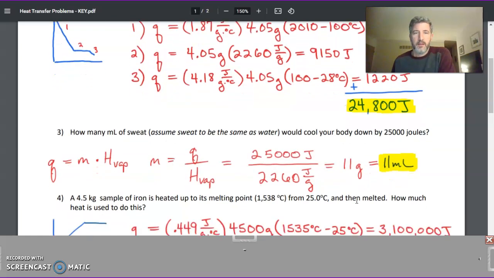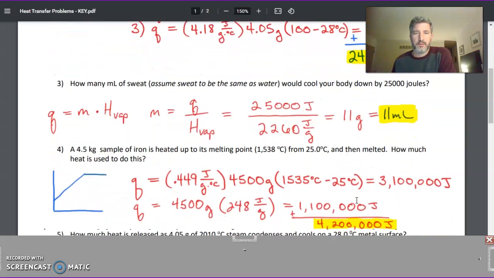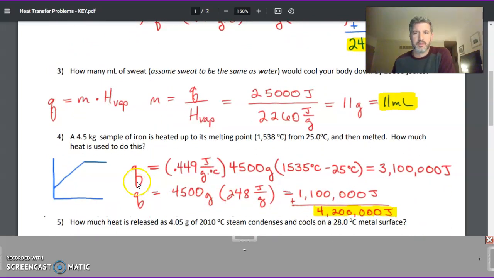Okay. Number 4. This one, the heating curve is a little bit simpler. It's only 2 steps. So we have a 4.5 kilogram sample of iron. First thing I have to do is recognize that would be 4,500 grams. But I'm heating it from 25 degrees. So it's starting down here at 25 degrees.